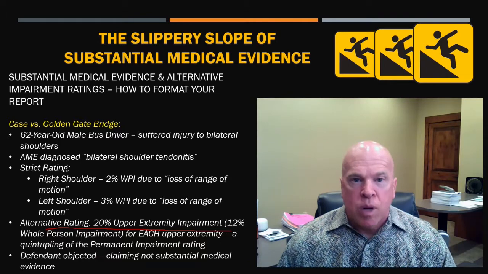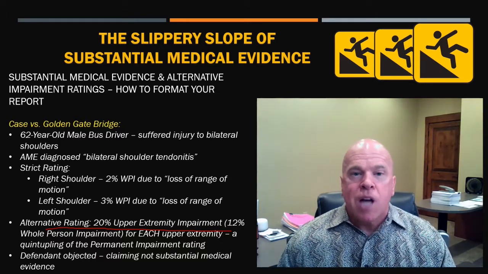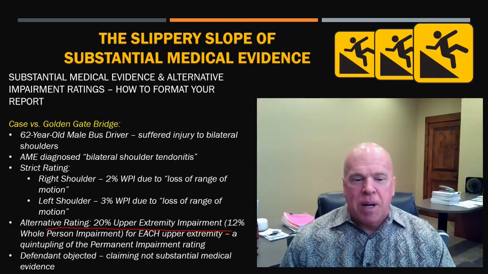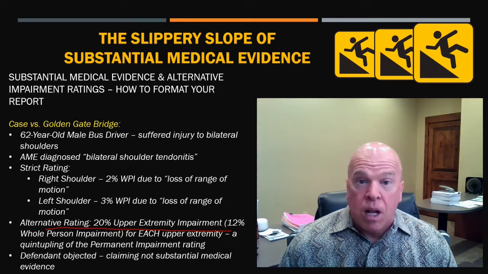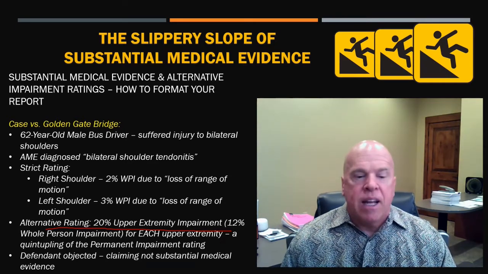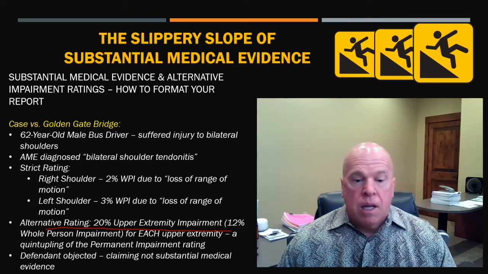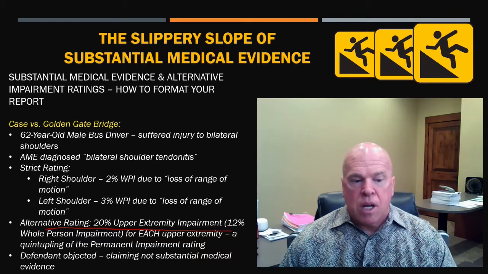He provided originally 5, so 5 into 24 is roughly a quintupling of the permanent impairment rating as an alternative rating. Well, of course, this drew the scrutiny of the payer and the defendant objected, claiming that the alternative impairment rating was not substantial medical evidence.